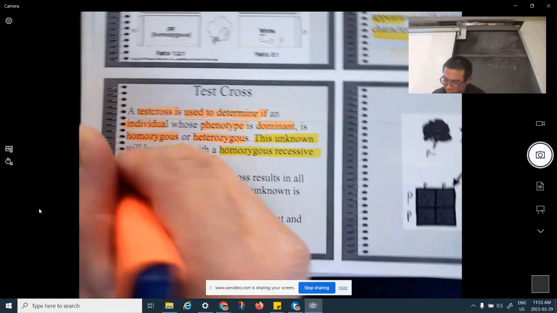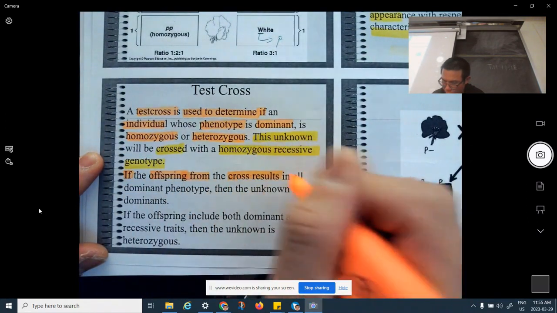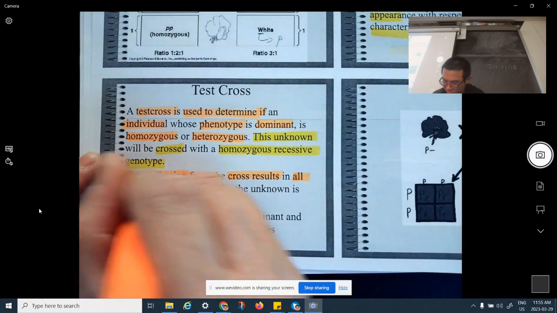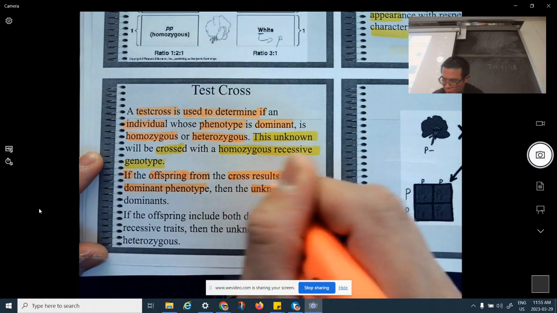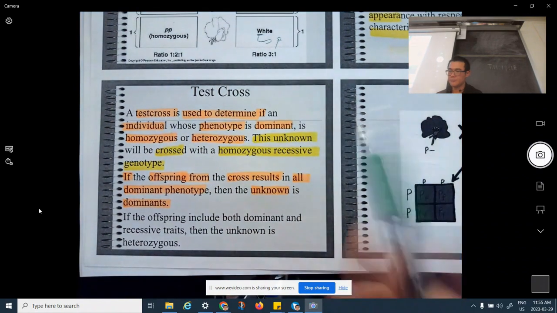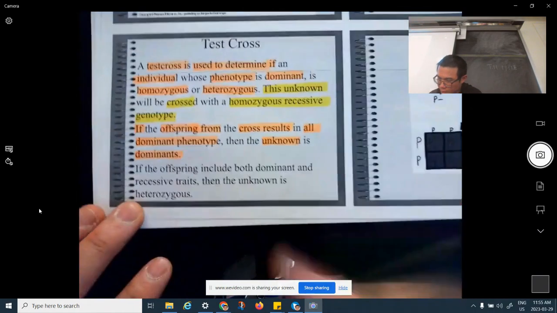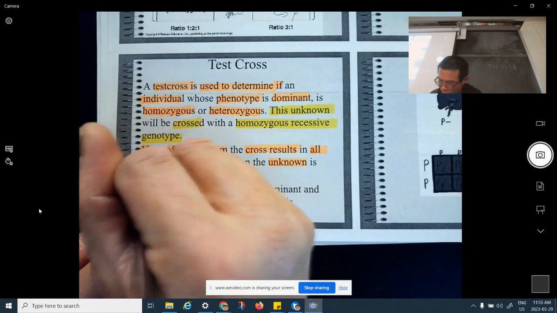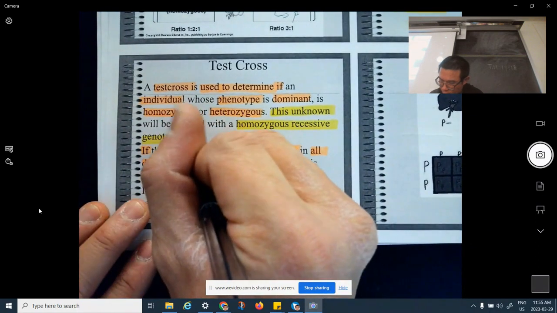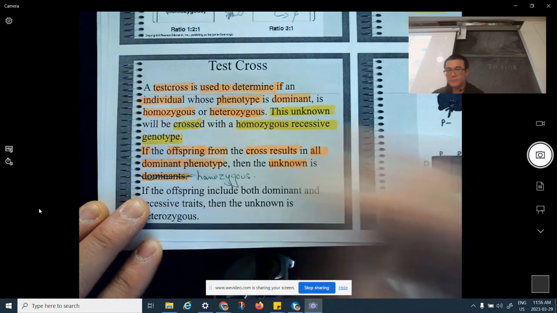So if the offspring from the cross result in all dominant phenotype, then the unknown is homozygous.